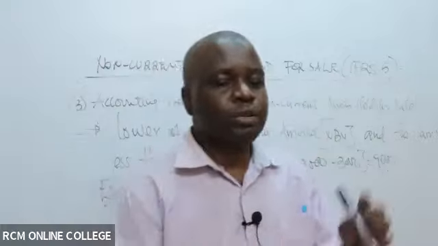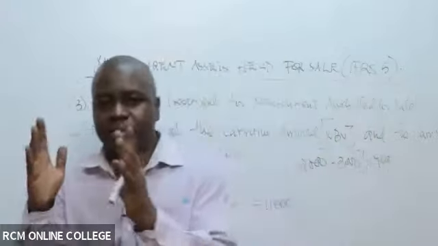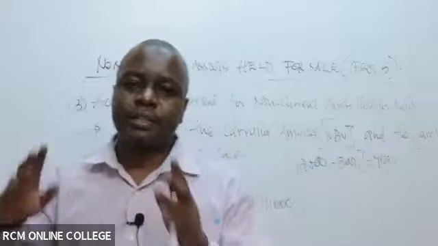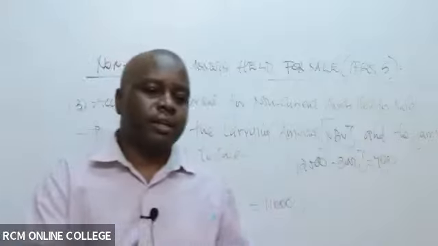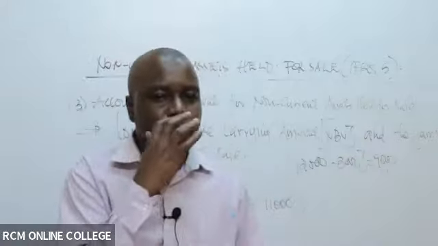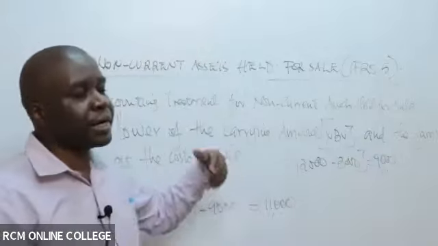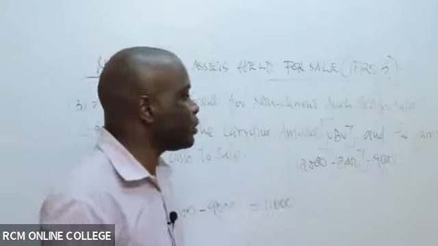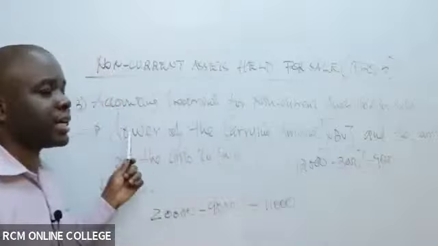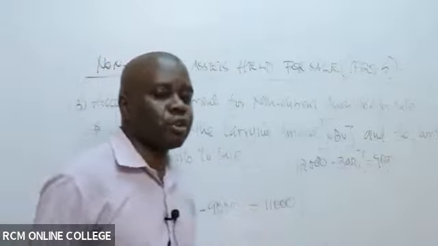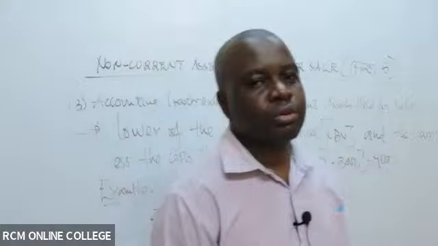So long as you know the carrying amount and the tax base, the difference is the temporary difference. Then you compute it with the corporate tax rate, you get the deferred tax. And then you know the concept of coming up with the deferred tax account. Then you'll be good to go.